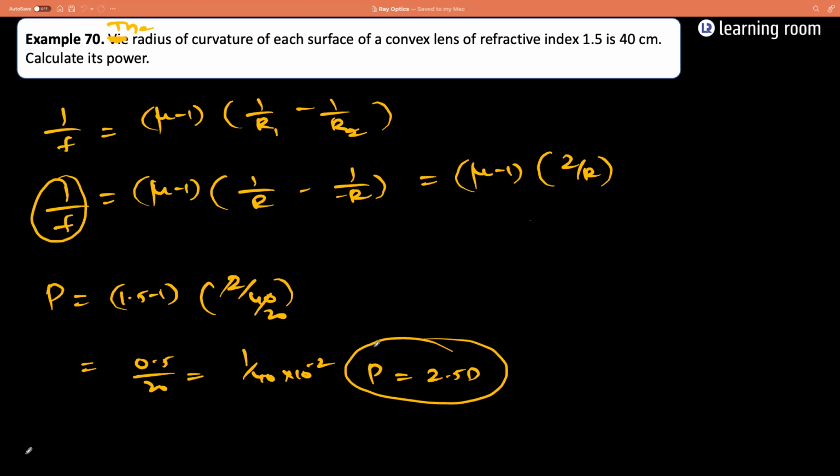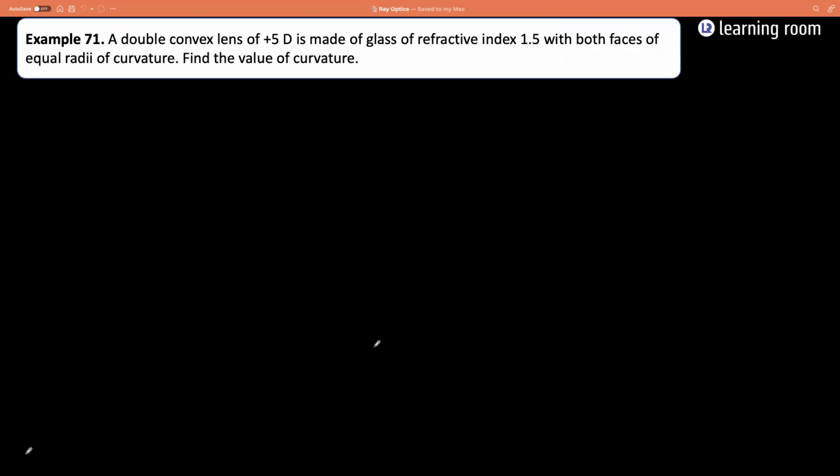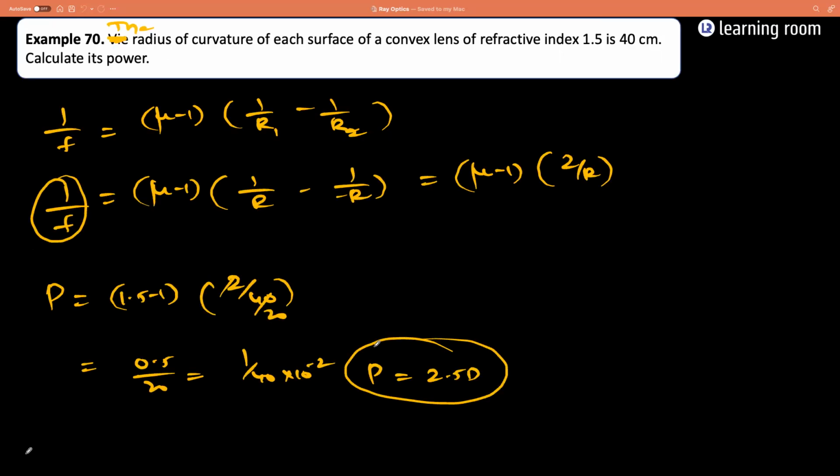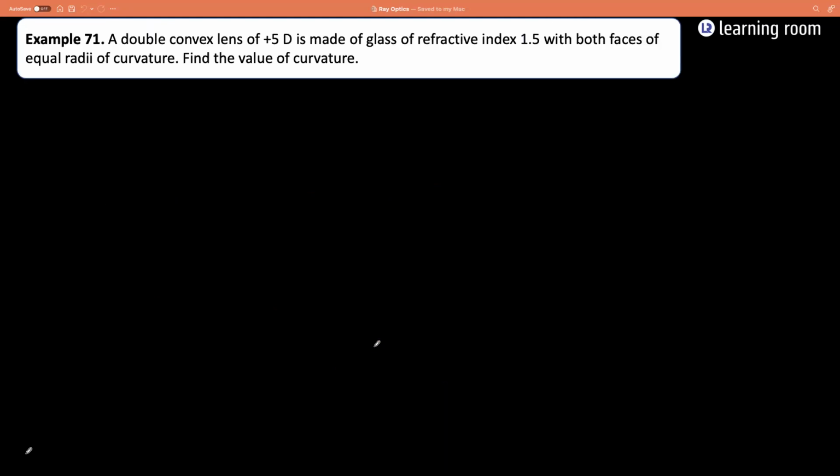Solve this and tell me the answer. Sir, can you show the previous question? Yes, sir, got it. A double convex lens of 5 diopter is made of glass of refractive index 1.5 with both the faces of equal radii of curvature.